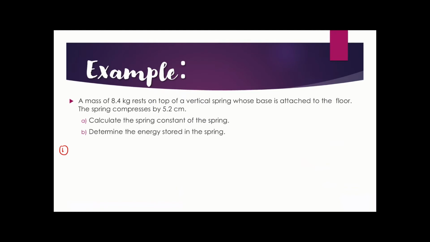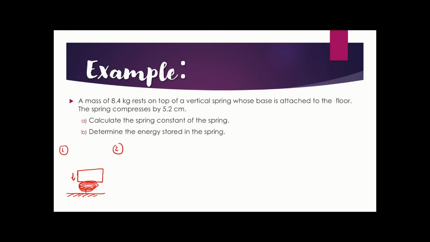So a sketch of the situation should be something like this. So this is the floor and the spring is here, and then the mass is in this way. So the mass is compressing the spring.